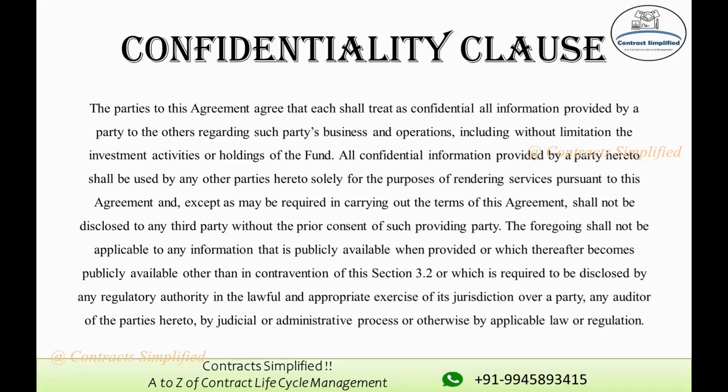So here you can see that it has defined what is confidential information, how they can use it, and also it specifically mentioned about waiver of confidentiality and also the limitations and liabilities of the parties related to the confidential information.